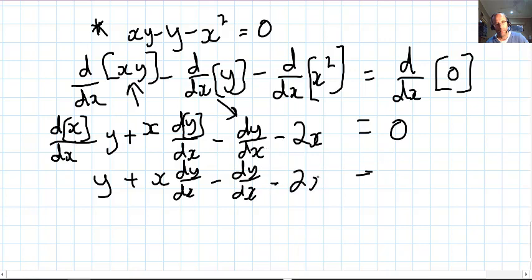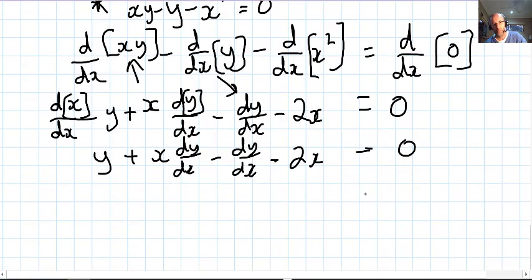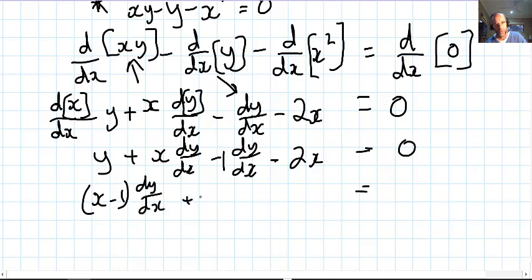and 2x there. We can treat dy/dx algebraically, and we've got one lot of dy/dx there, so basically we've got x minus 1 outside of dy/dx, simplifying, plus y minus 2x.